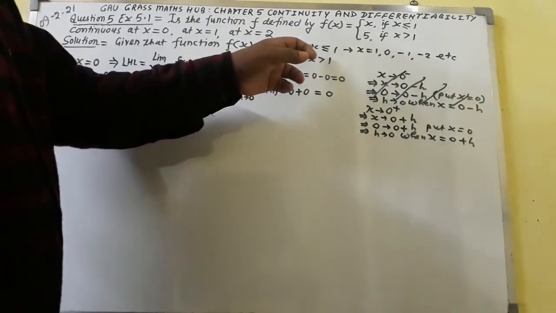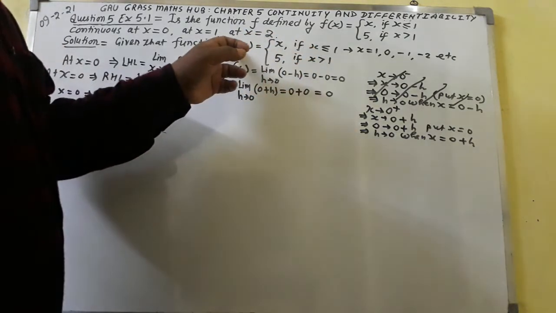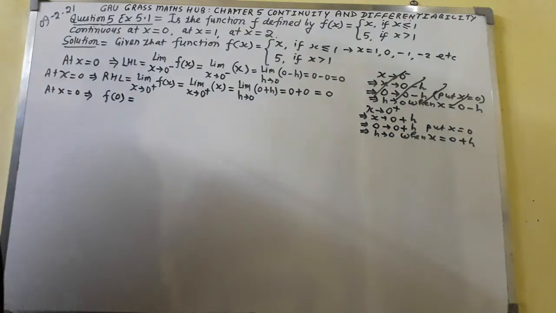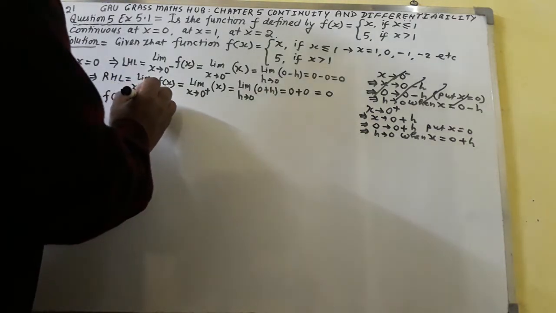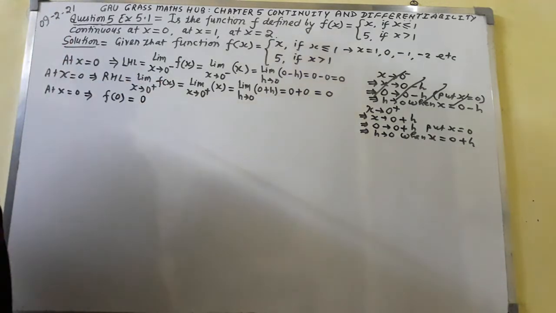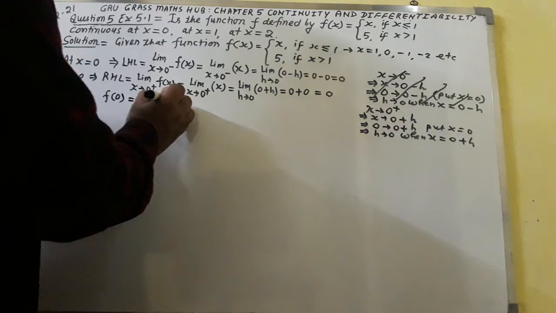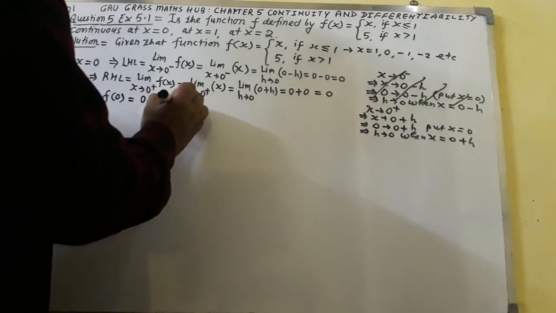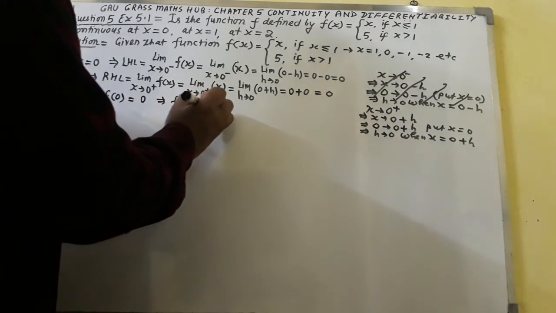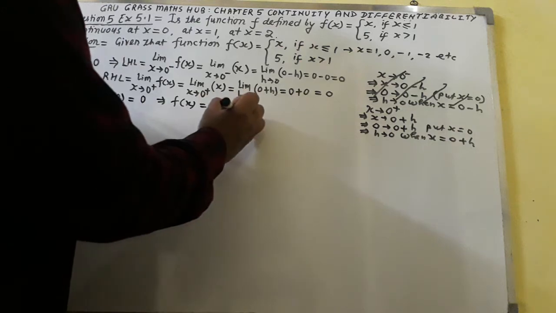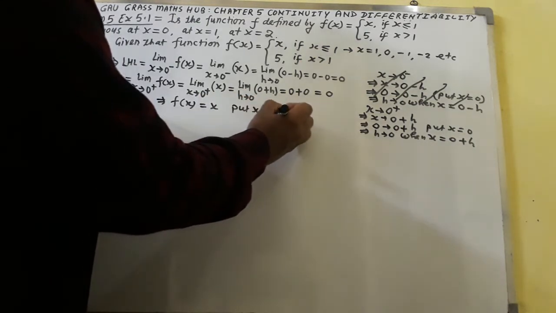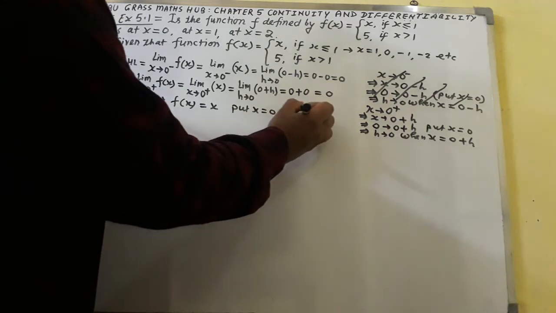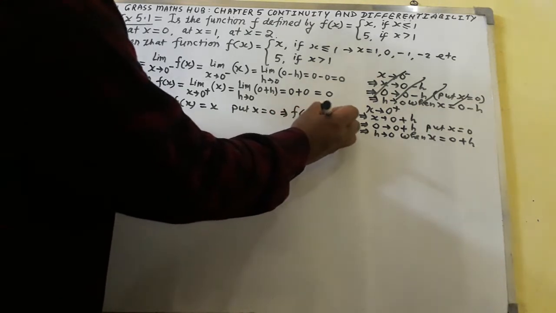This means the function f of x equal to x will be used. Since f of x equal to x, put x equal to 0, so f of 0 comes out to be 0.